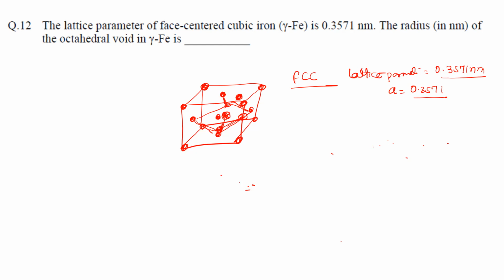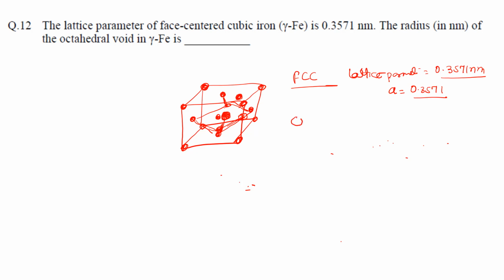Similarly, if you see at the edge center also, the 2 atoms of the corner and 2 atoms from this face, and the other 2 atoms will be from the neighboring unit cell. So this is the location of the octahedral void.